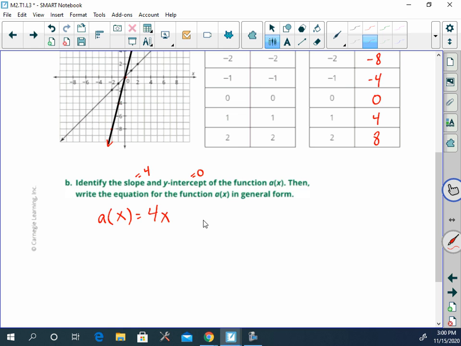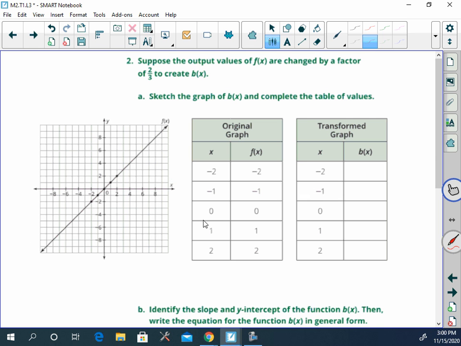All right, on to the back here. This one's really similar, but a little bit harder because the numbers aren't as nice. So with this one, it's changed by a factor of 2/3. So then what we're doing is we're taking these times 2/3. And remember, you have a calculator. So if you have trouble with multiplying this, you can multiply this in your calculator.